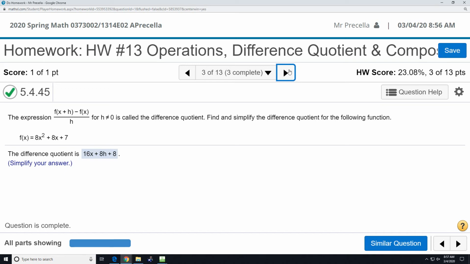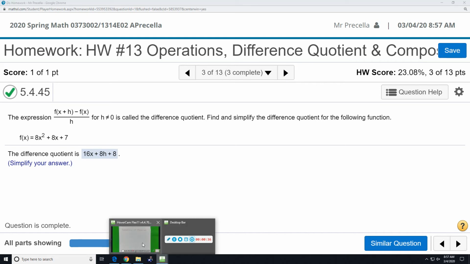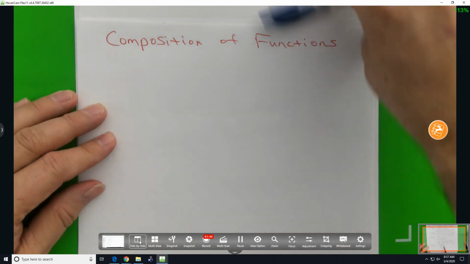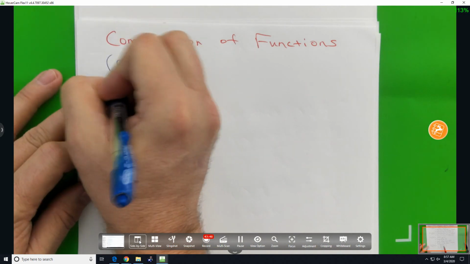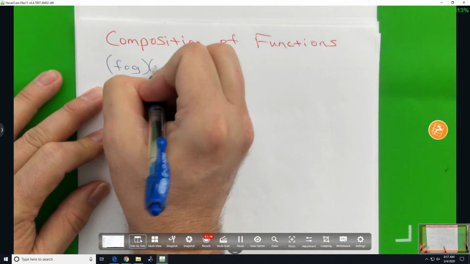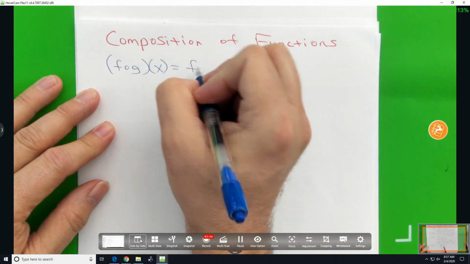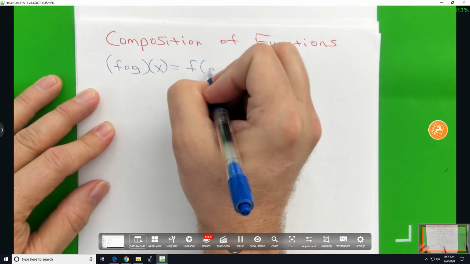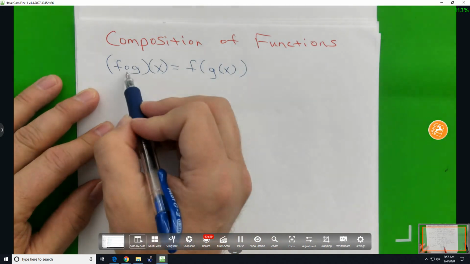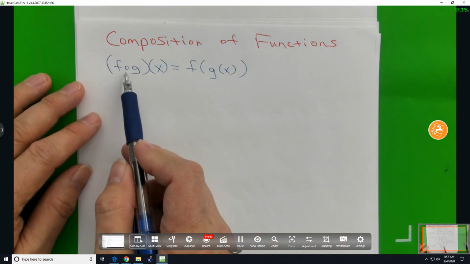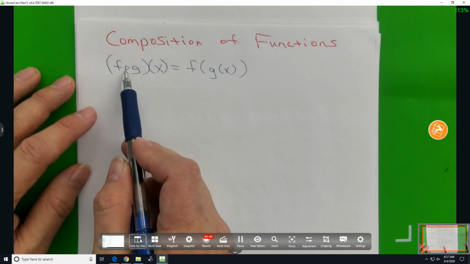This new operation called composition of functions has a symbol, a little circle. Okay, here it goes. F composed with g of x is defined to be f of g of x. They're using that little O for of, I suppose. They wanted a symbol to represent the operation. I guess that was a pretty good symbol.